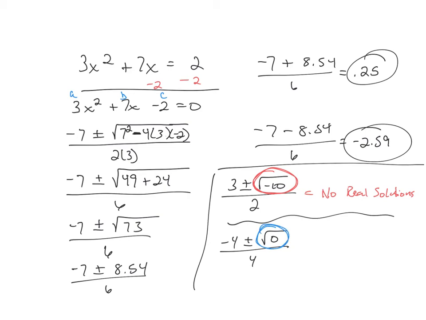So what you're left with on this particular problem, what's negative 4 plus 0? It's negative 4. Just left with negative 4 over 4. And you'll just have one answer, because negative 4 plus 0 is the same as negative 4 minus 0. It's not positive or negative.